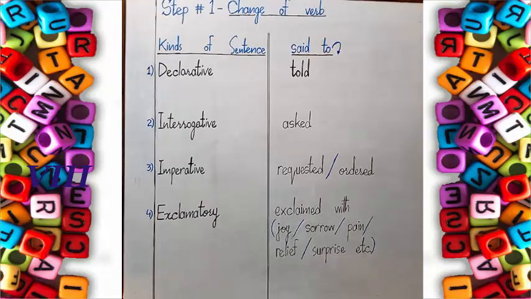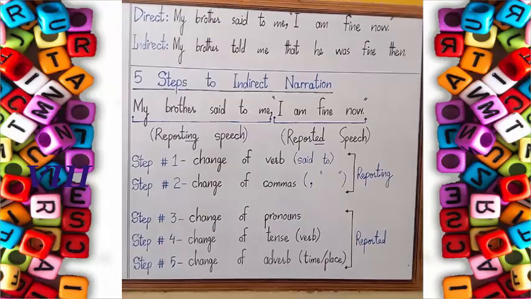Step number 1, change of verb. Step number 2, change of commas. Step number 3, change of pronouns. Step number 4, change of tense. And step number 5, change of adverb, adverb of time or place. So these 5 changes we have to make in a direct sentence to convert it into an indirect sentence.